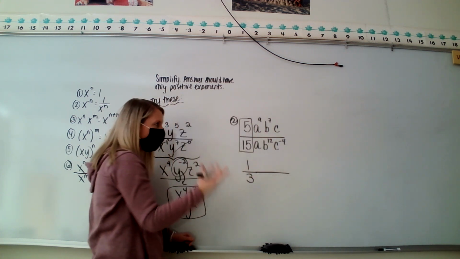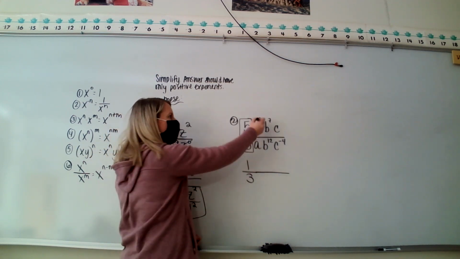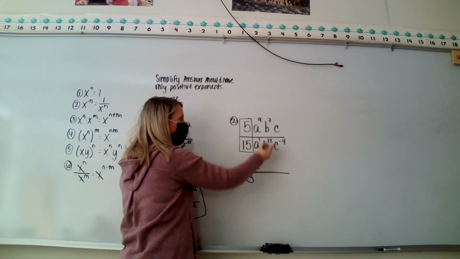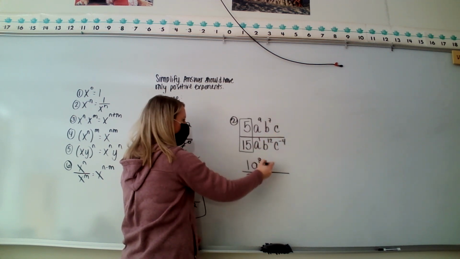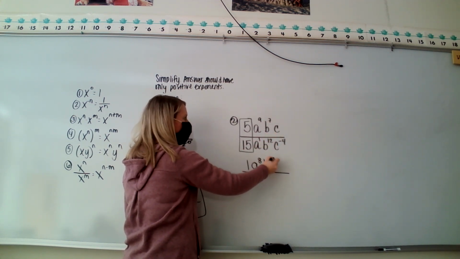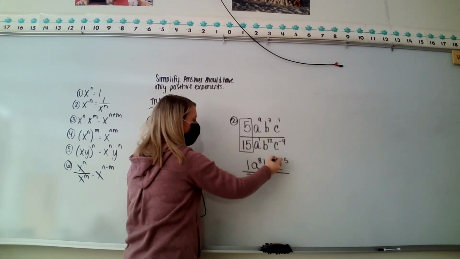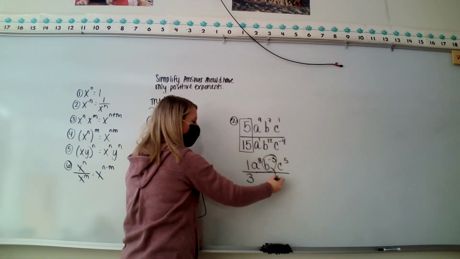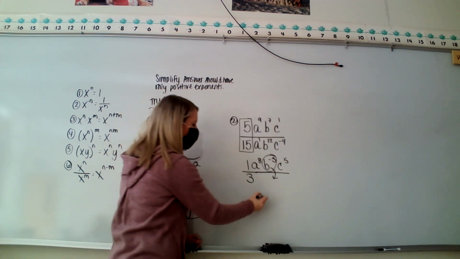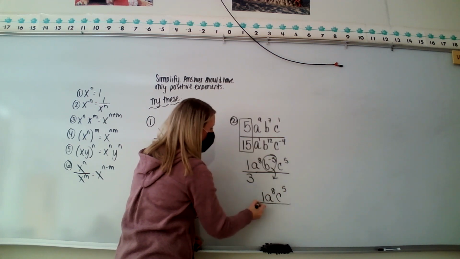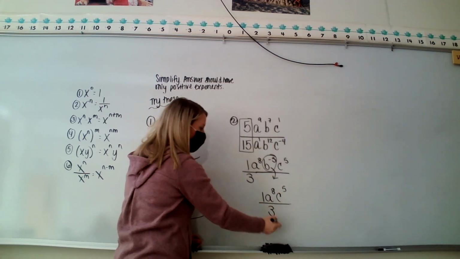And then if we have to flip something, we already have the fraction bar there. So for the a's, remember 9 minus 1 is a to the 8th. B's, 7 minus 12 is b to the -5th. And then for the c's, 1 minus -4 is c to the 5th. I do see that negative, but the fraction bar is there, so I'm going to flip it. And I would get 1, a to the 8th, c to the 5th, over 3, so don't lose it, b to the 5th.